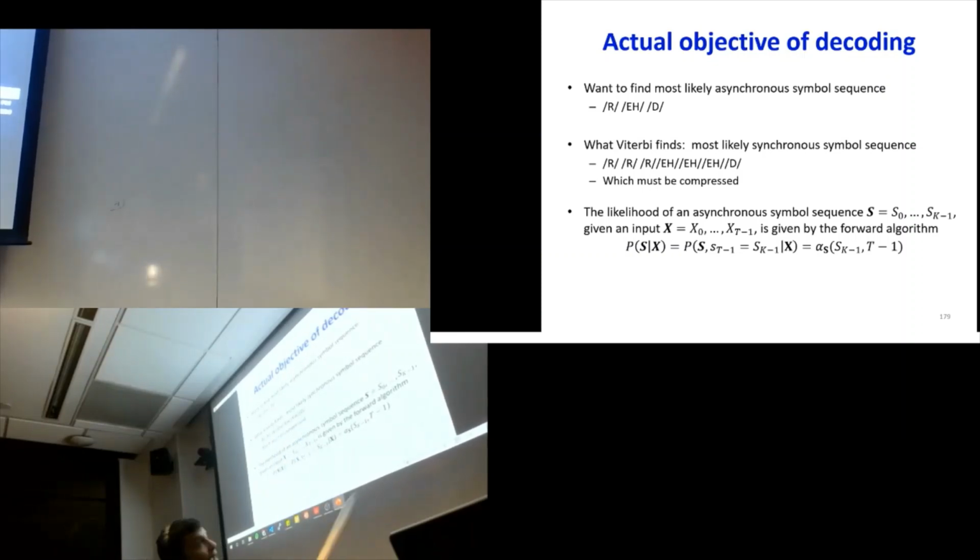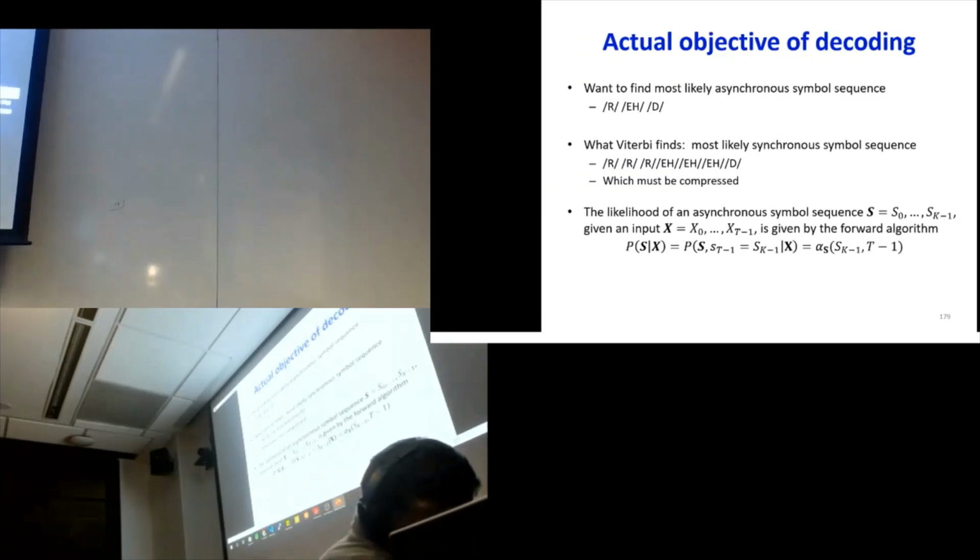And we saw that the most likely time synchronous sequence need not necessarily correspond to the most likely order synchronous sequence. So what we want to find is the symbol sequence for which the probability of the symbol given the input is largest.